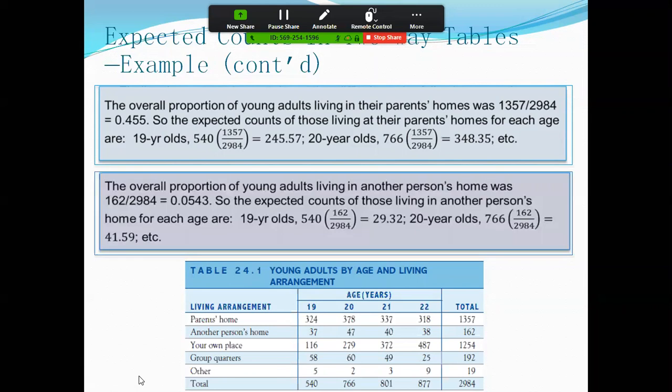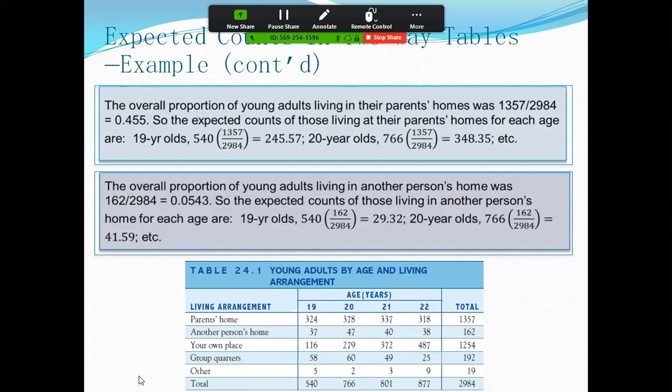The overall proportion of young adults living in another person's home was 162 out of the 2,984, which is about 5%, 0.0543. So the expected counts of those living in another home for each age are the 540 19-year-olds times this proportion, 0.0543, which is about 29 19-year-olds living at home.